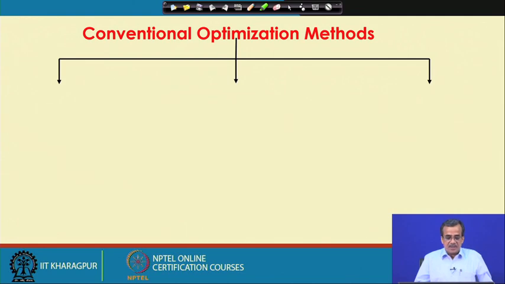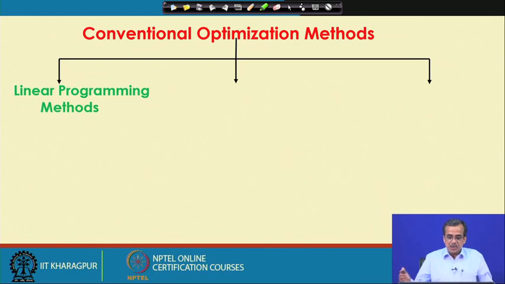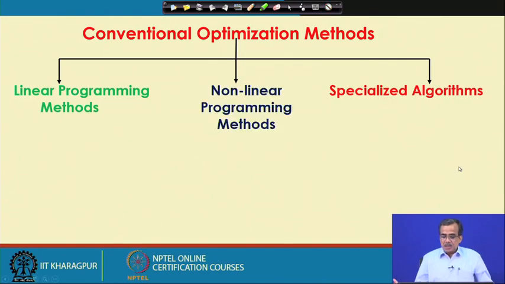These methods can be broadly classified into 3 groups. One is called the linear programming method, next is nonlinear programming method, and we have got the specialized algorithm.